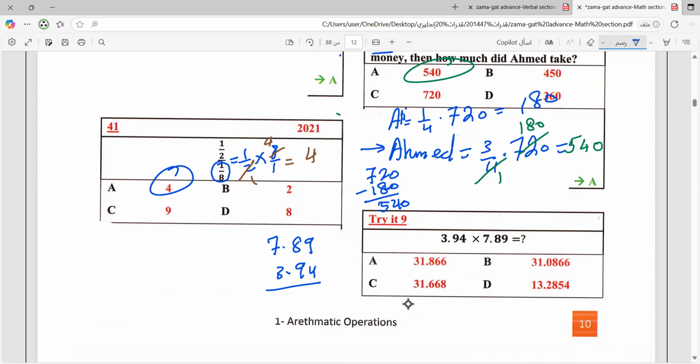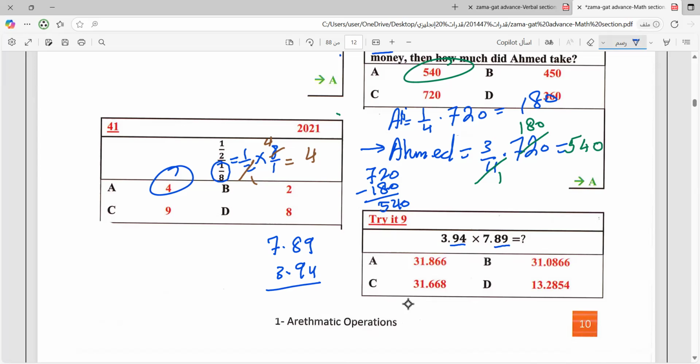But what will I do? We count the digits. Here 2 digits and 2 digits. So the decimal point will be after 4 digits.